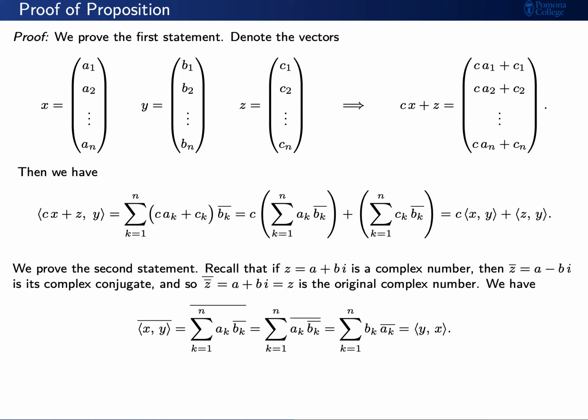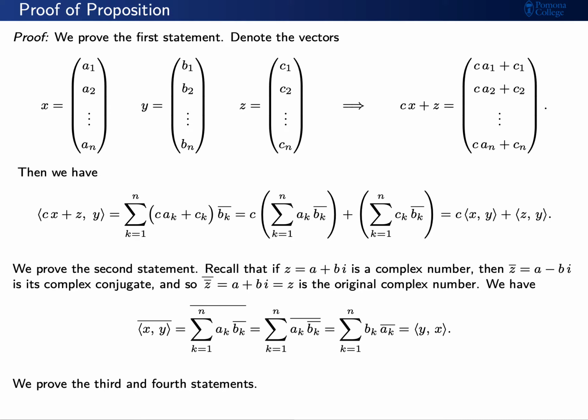Putting all of this together, we can consider now the complex conjugate of the inner product of x and y. Here we have the complex conjugate of the sum of a_k times b_k bar, which is the same thing as the sum of a bar times b. But now staring at this, we realize that this is the same as the inner product of y and x.